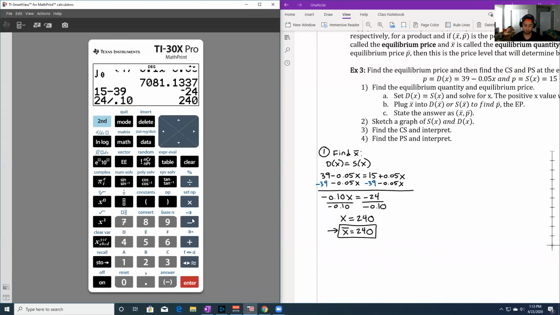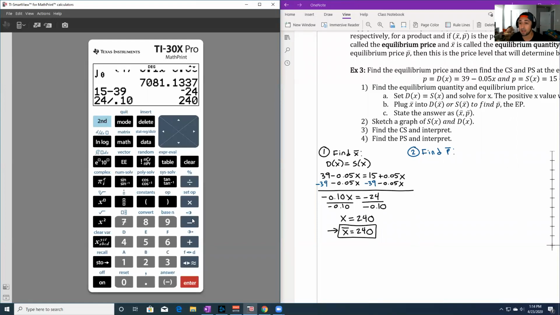All right. 2, find p bar. So we're going to look for p bar. To find p bar, take x bar and plug it into an equation of your choice.